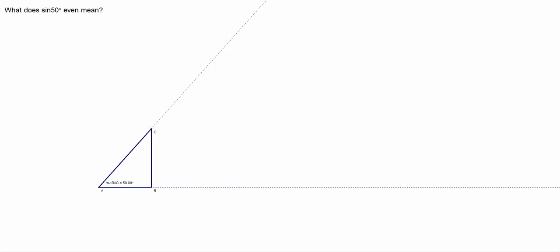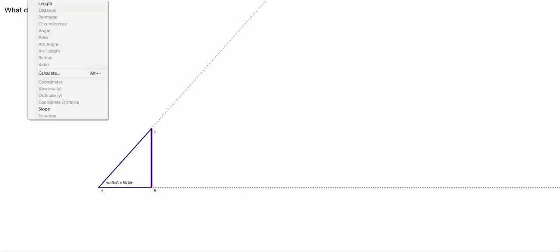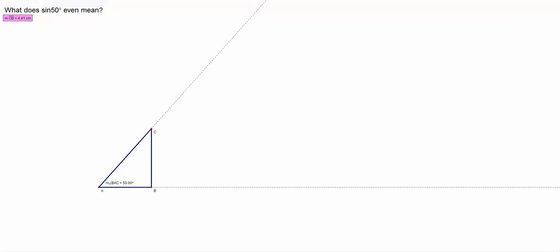Now, what I want to do is measure two sides. I'm going to measure this side, BC. So measure length. There it is. CB is, I'm making it a bit bigger, 4.41 centimetres.